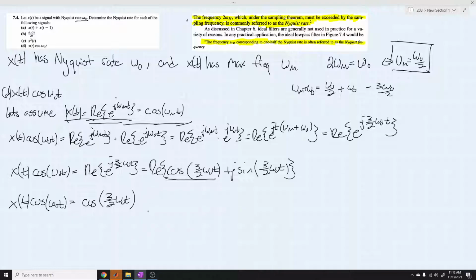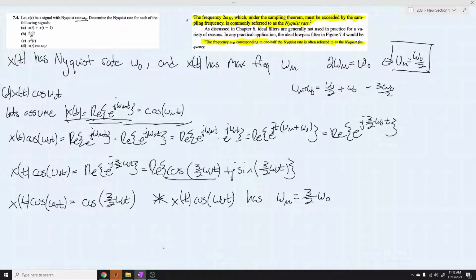All right, then that means that x of t cosine omega sub naught of t has a maximum frequency content of 3 over 2 omega sub naught.